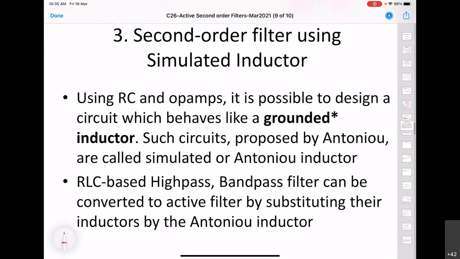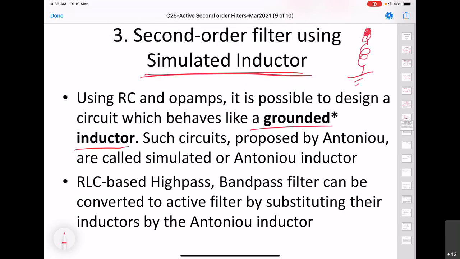So what we will do is study a circuit called a simulated inductor, because we will see that it behaves as an inductor if suitable values of R and C are selected. Moreover, it will behave like a grounded inductor, meaning one of the terminals is grounded, and the other is where we connect it to the circuit.